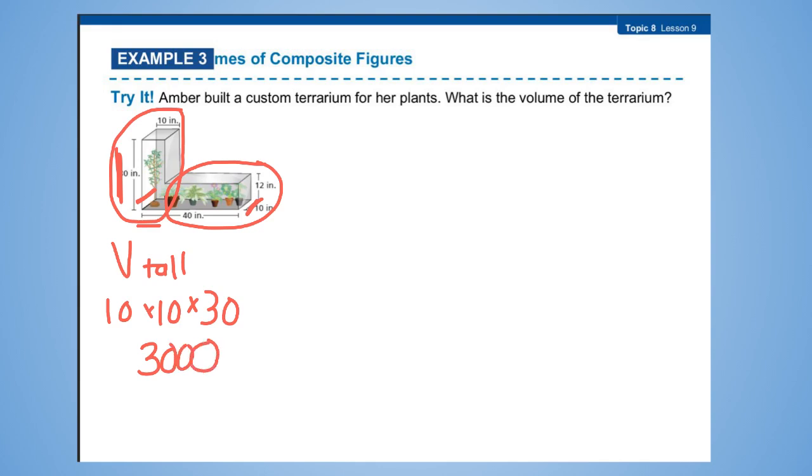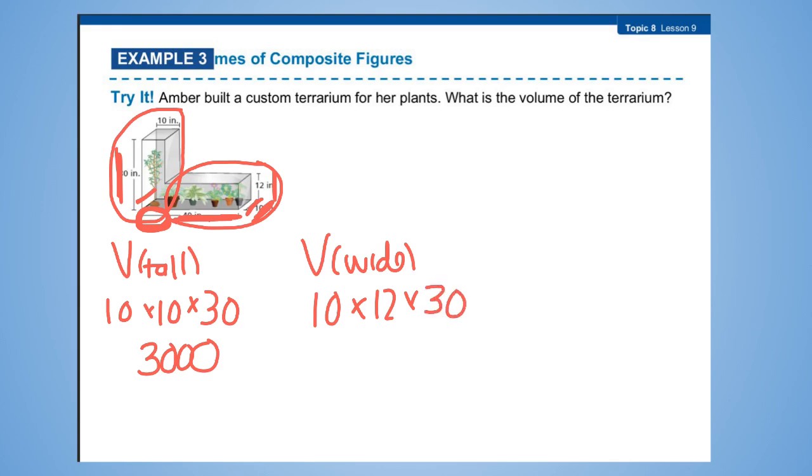Now let's look at the little guy. The little guy, I'm going to call him wide. He is 10 here, 12 here, but this one's a little tricky because it's 40 all the way across the terrarium, but 10 of it belongs to the tall guy. So he's only 30 wide.